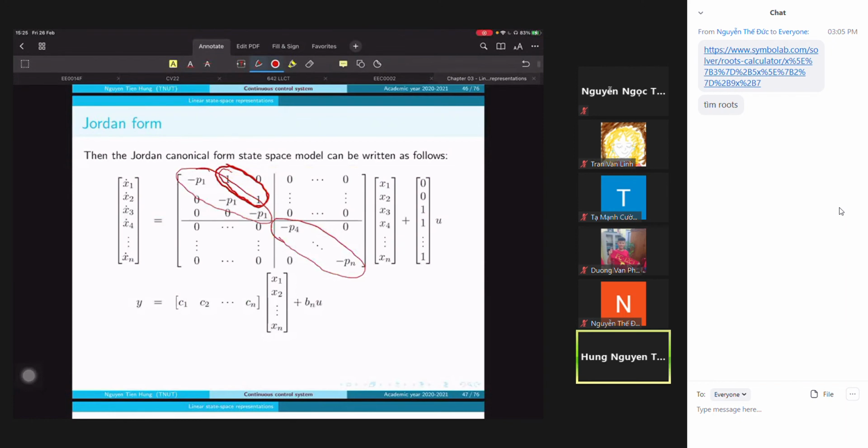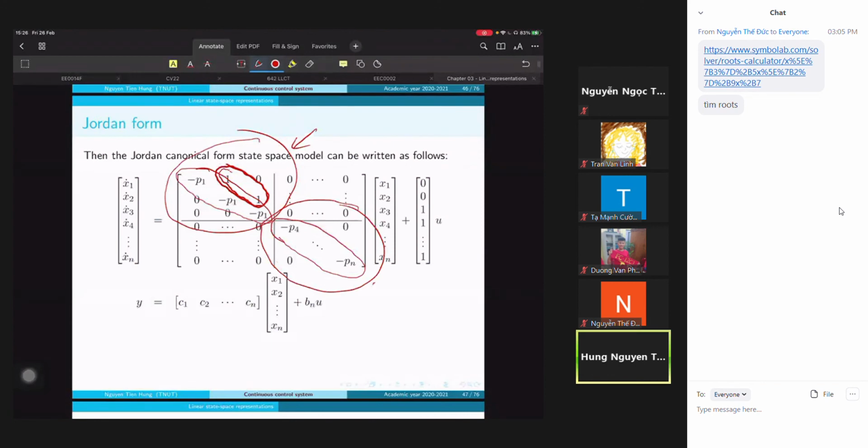This is the first block of the system matrix, and the next block is diagonal, but the first one is not diagonal, and we have to represent it in this form.